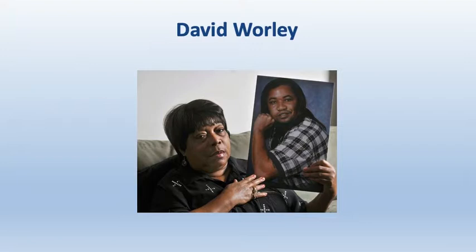Now the medical examiner, because she never turned the body over to look at it, ruled it an accident. And the data showed us that the initial manner of death was accident, but it was later changed in the data to homicide. That's how we found the case of David Worley.